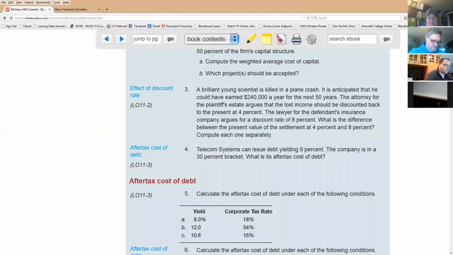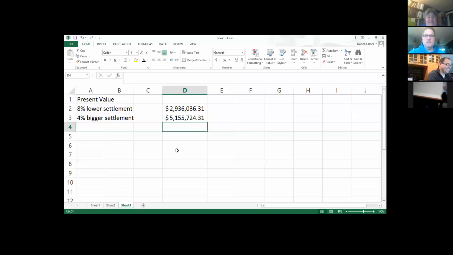There's the textbook back, and we'll bring you guys back to the Excel. Well, now you have a good idea of how it can be done. And taking away 8% a year starts to mean you're taking away a lot of money to bring it back to the present. Taking away only 4% means you're not taking away as much, and it adds up to a lot of money.